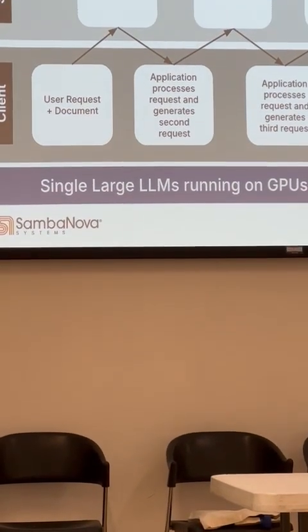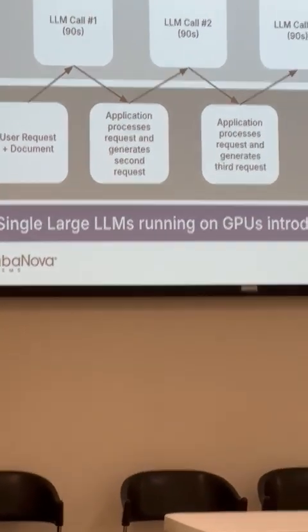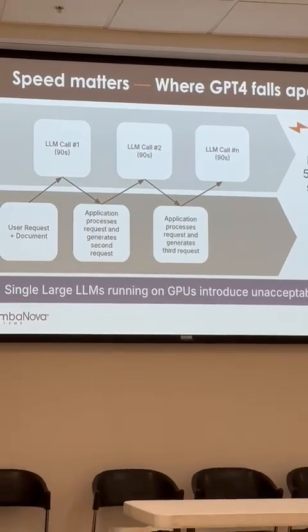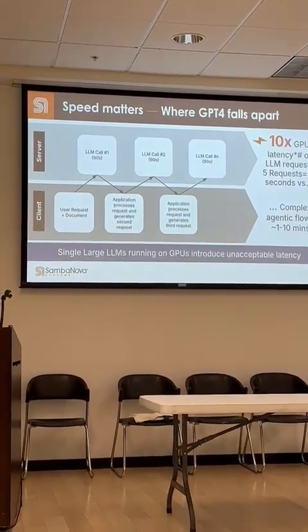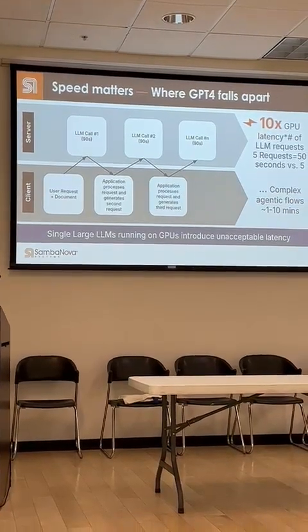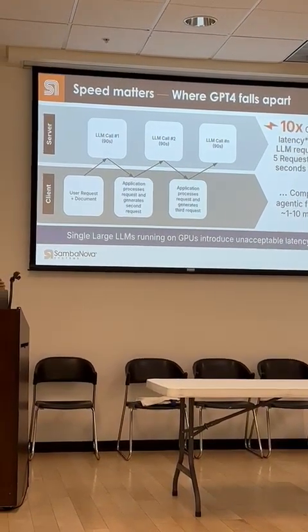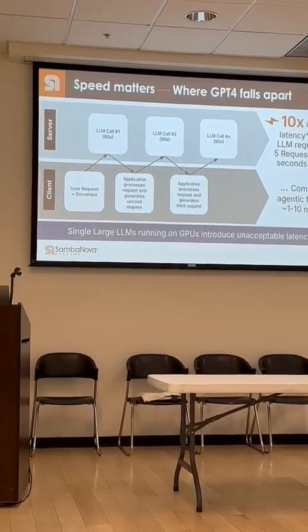This is what an agentic system will look like: a system made up of multiple agents, where each agent is a complex expert, which at the back end is going to make an LLM call.